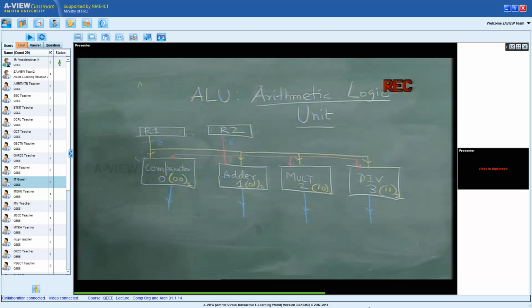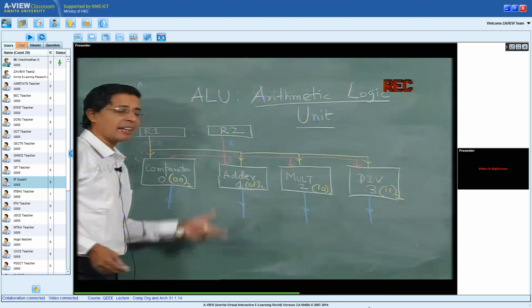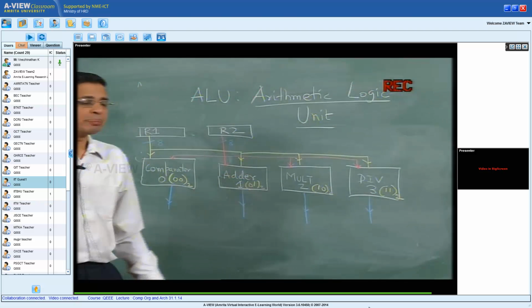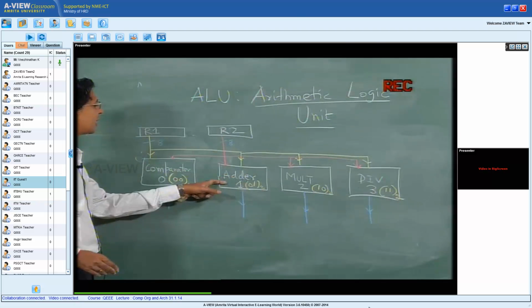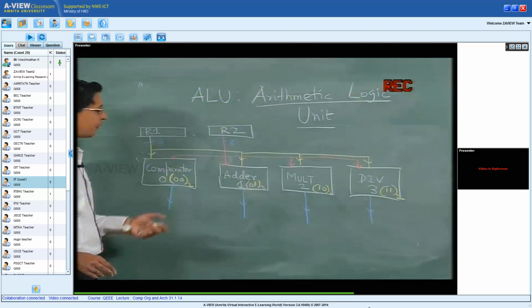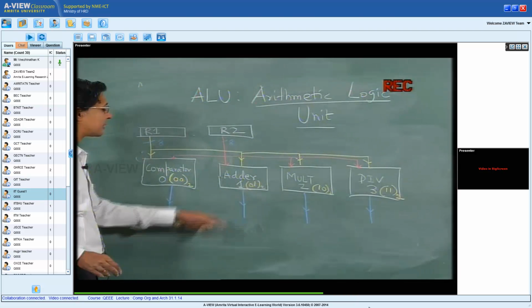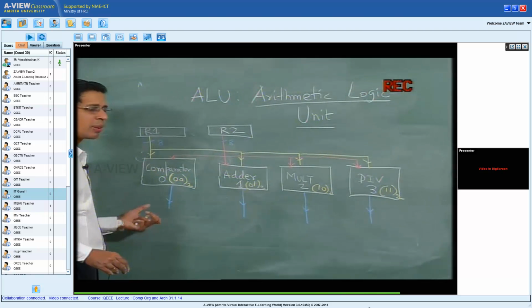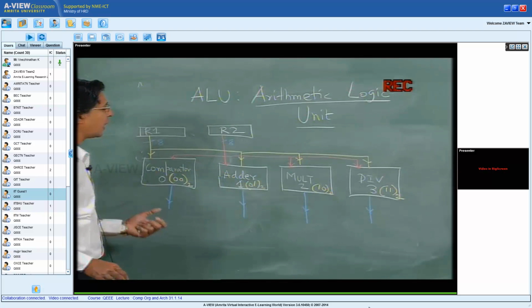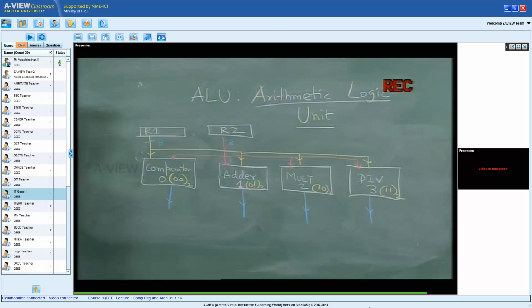So the worst case, multiplication will give me an answer which should be 16 bits in length, while adder will give me an answer which is say 9 bits in length. Comparator will give me only 3 bits, whether it is equal to, less than, or not, and division can give me some number which can also be within 8 bits.